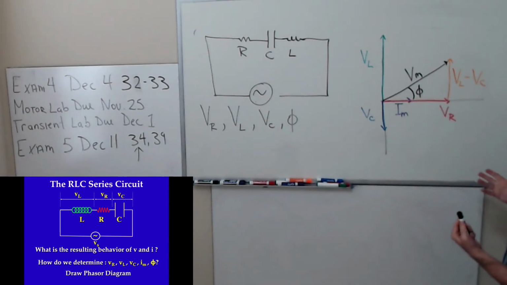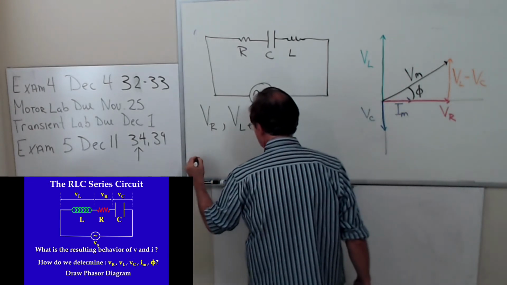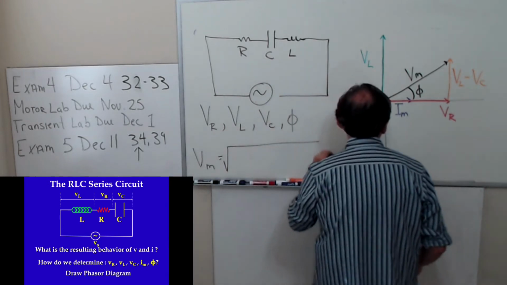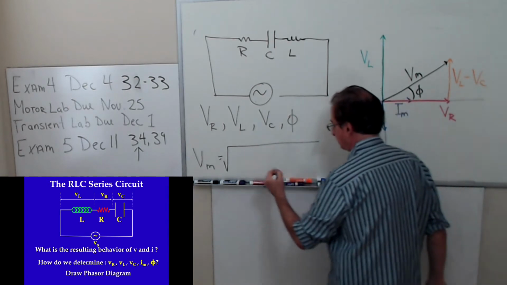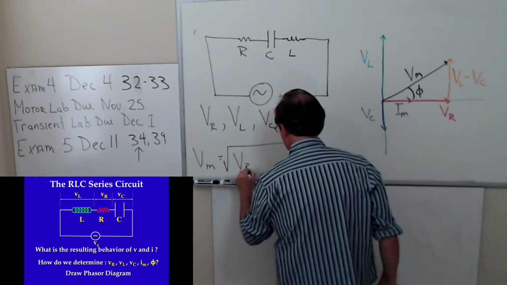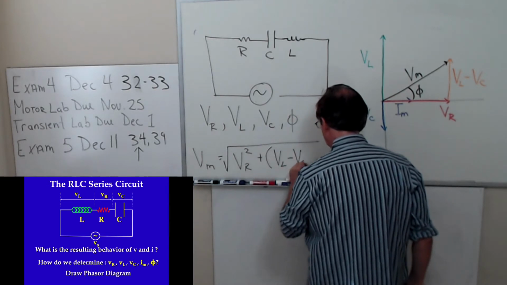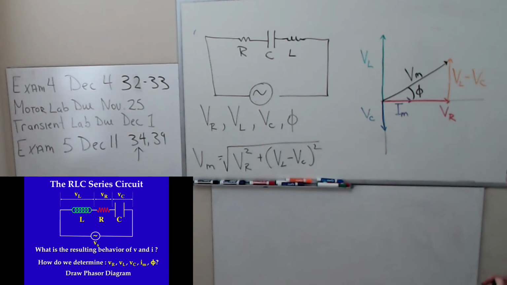And so if I use the Pythagorean theorem, isn't it true that V sub M is the square root of this squared plus this squared? And of course, all of them depend on current.